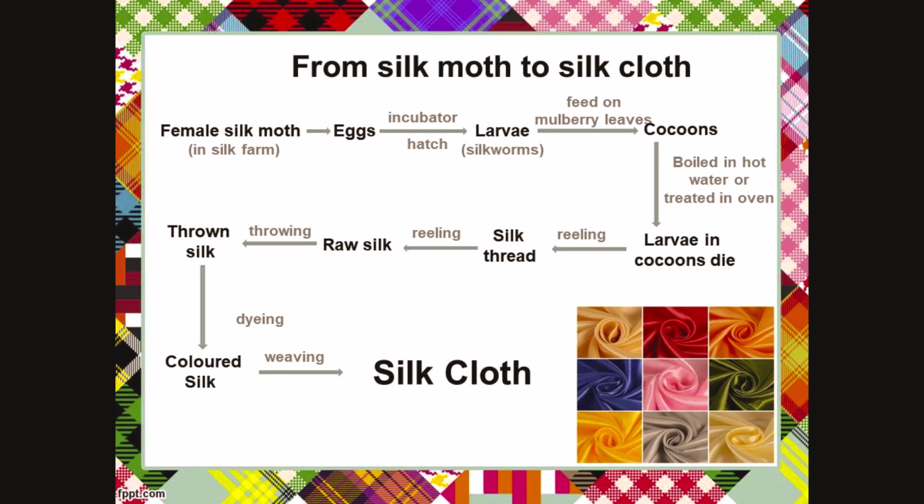This fiber is colored in different colors. After dyeing, we get colored silk, and from this colored silk, we send this fiber to factories and industries for weaving, and then finally we get silk clothes. So this was how we get silk from silk moths.